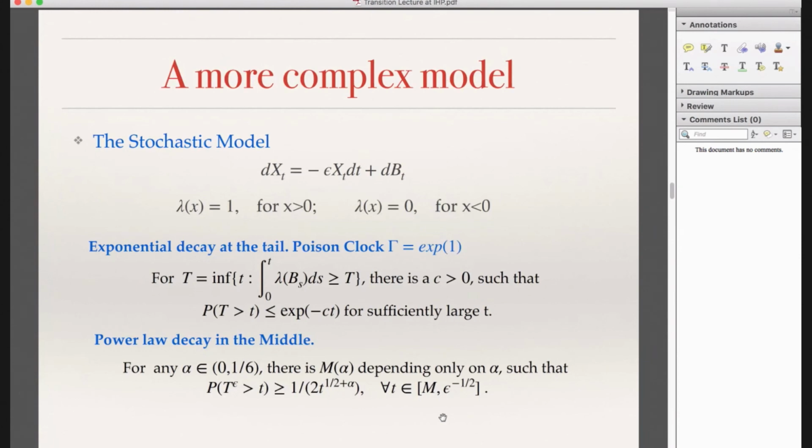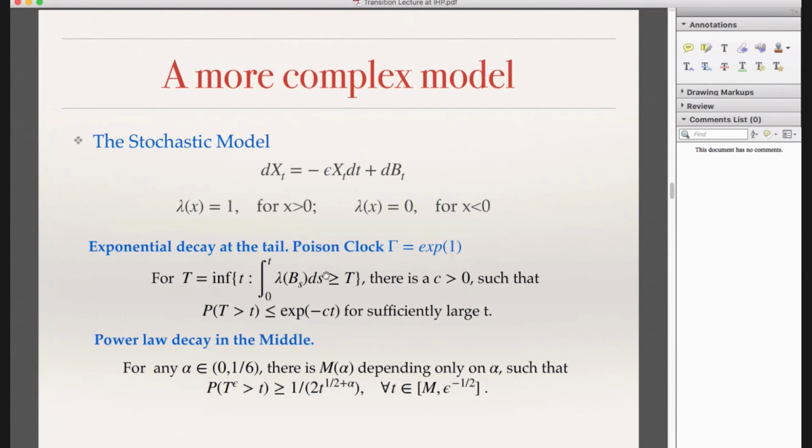So if we go to the probability tool, for the stochastic model we just use the OU process, which is the most well-studied stochastic process in probability. The only difference is that the jumping out probability relates to the value of x.